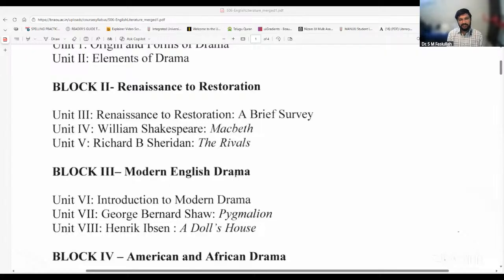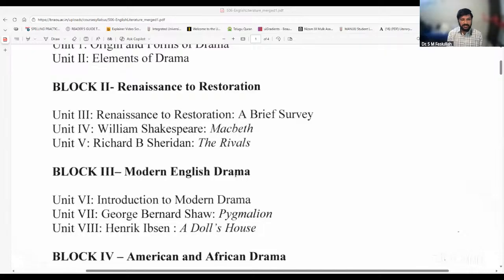And then after that, we'll go to William Shakespeare and study his important play, Macbeth. And in doing so, we will also see and understand how Macbeth is a representative drama belonging to Renaissance period. Similarly, we have Unit 5, which is again a text, that is a drama, The Rivals, written by Richard Sheridan.